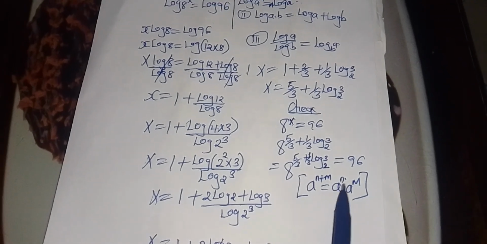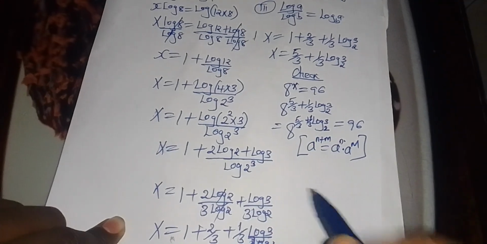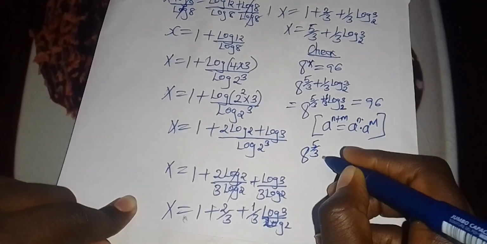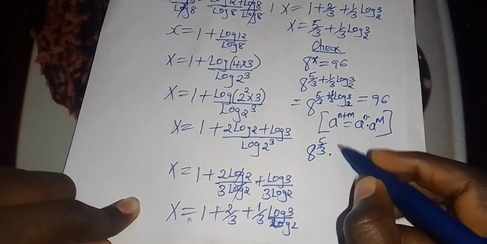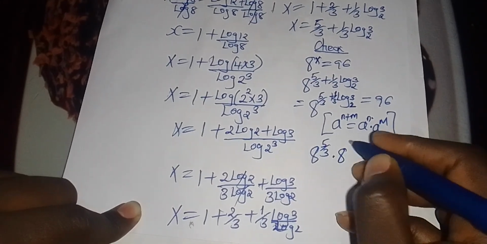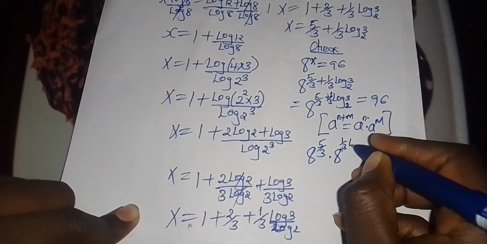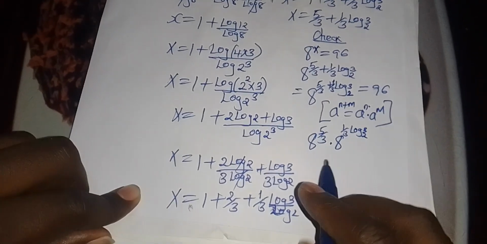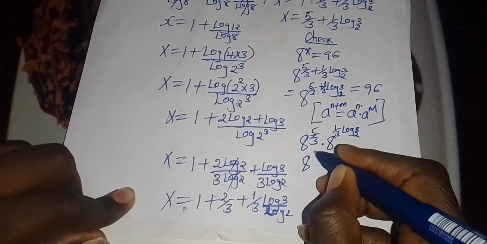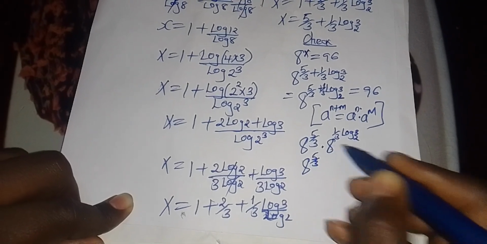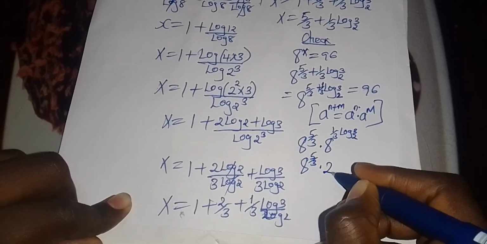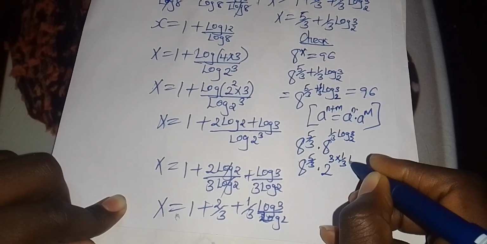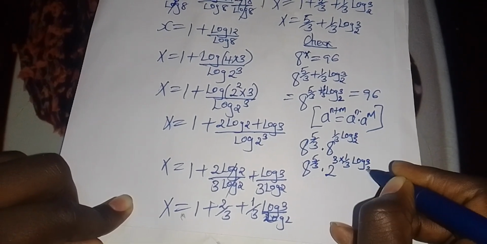Using this identity, we transform to 8 raised to the power 5 over 3 multiplying by 8 raised to the power a third log 3 to base 2. We can write this 8 as 2 raised to the power 3, multiplying by a third log 3 to base 2.